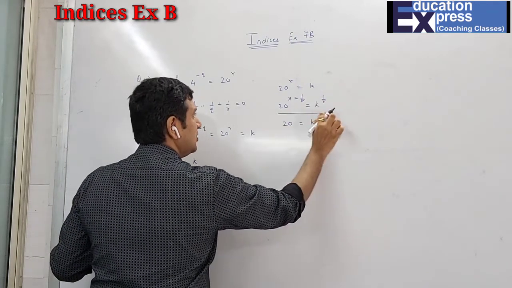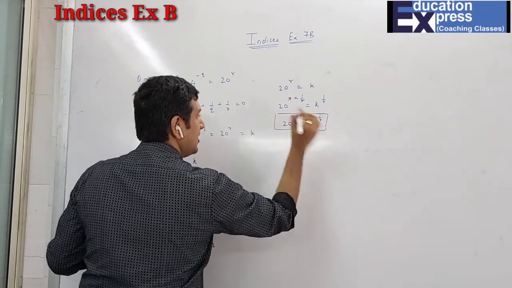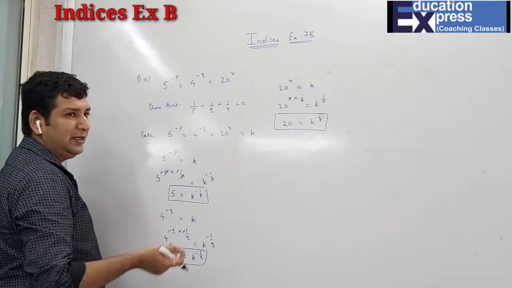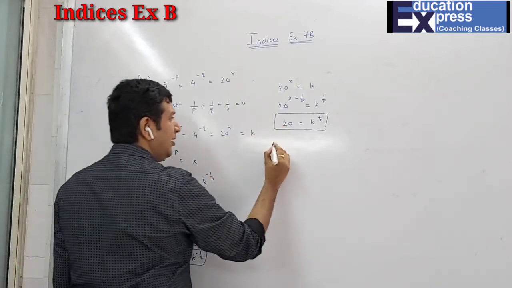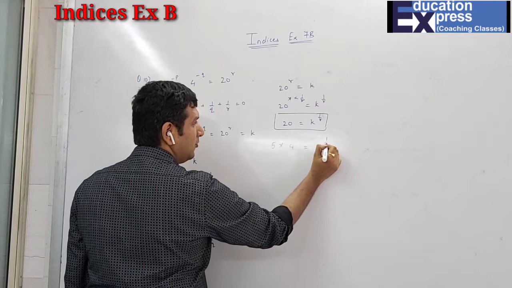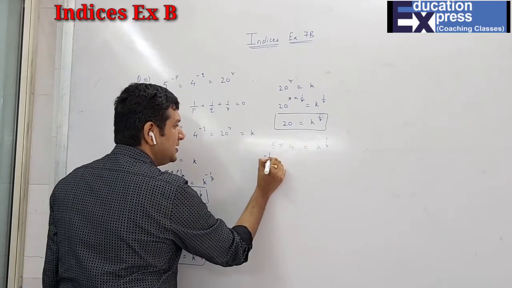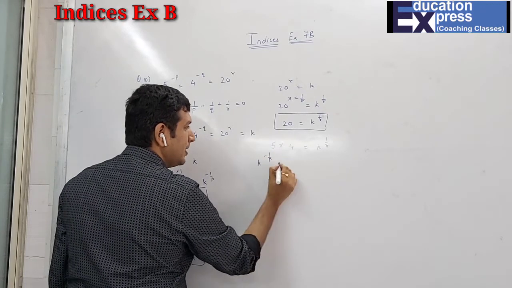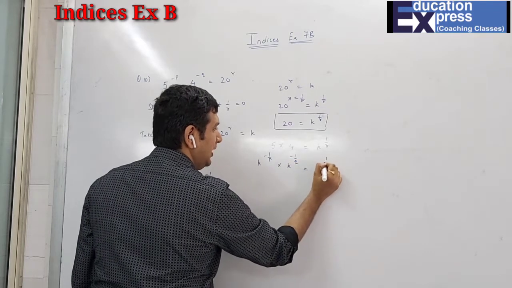So now as of now students, you can see we have the value of 5, 4 and 20. Now students, what is 20 actually? 20 is nothing but 5 into 4. So instead of 20 you can write like this, 5 into 4 is k raised to 1 upon r. What's the value for 5? K raised to minus 1 upon p into k raised to minus 1 upon q equals to k raised to 1 upon r.